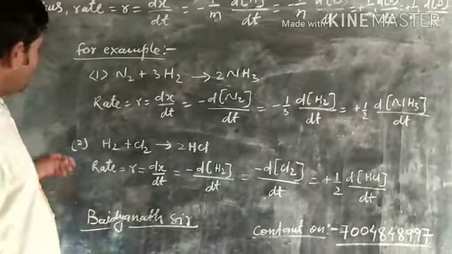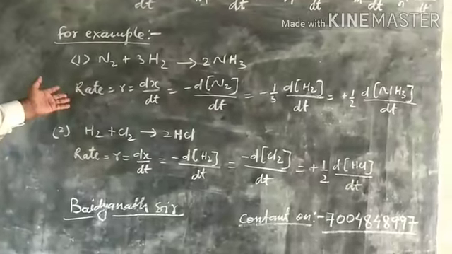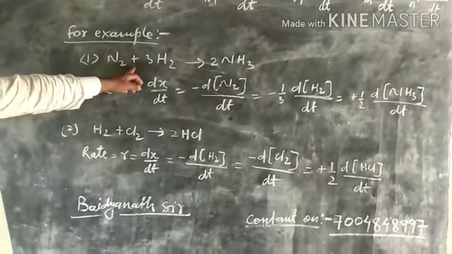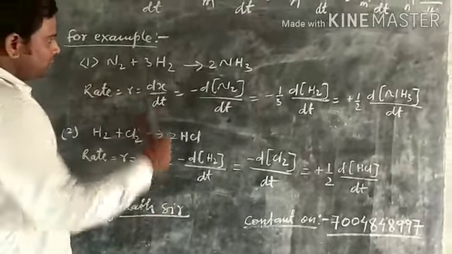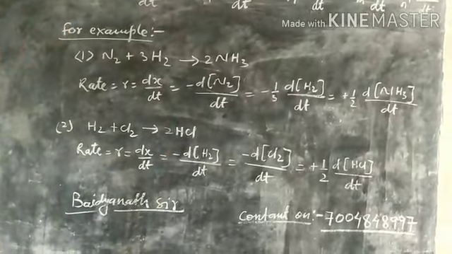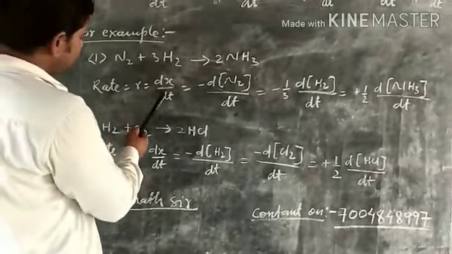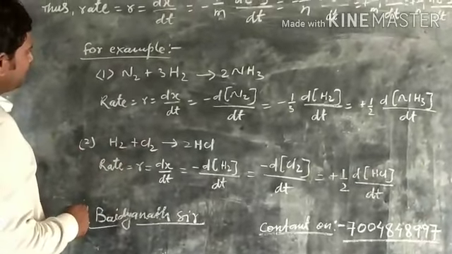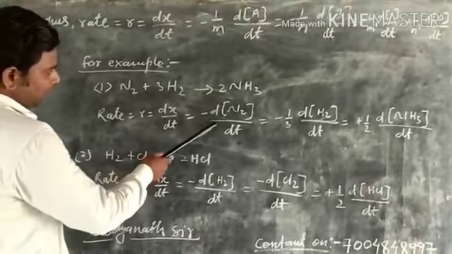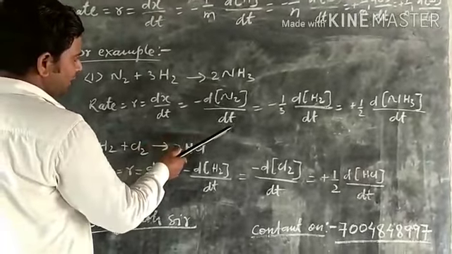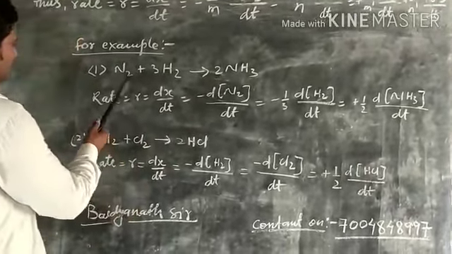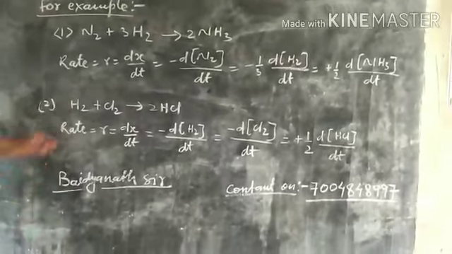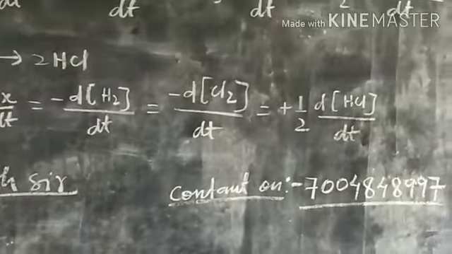For example, the rate of reaction for N2 plus 3H2 gives 2NH3. Rate equals dx by dt equals, here N2 is reactant, so minus d[N2] by dt. The stoichiometric coefficient of N2 is 1, which is understood and not written.